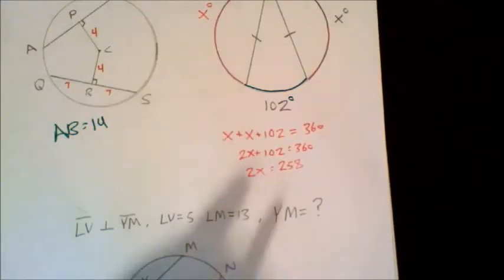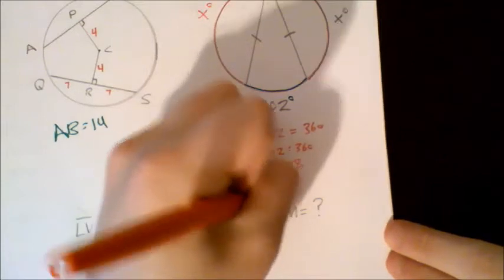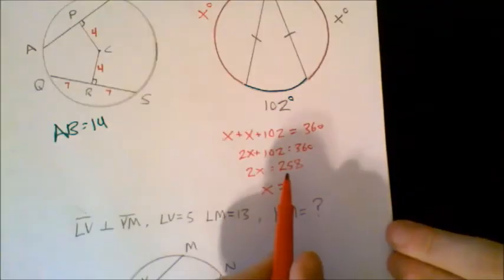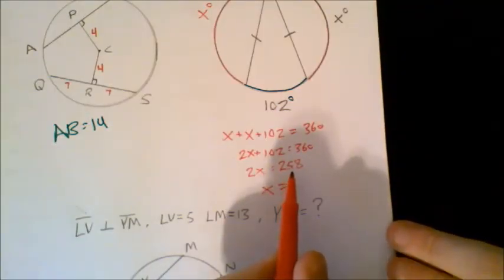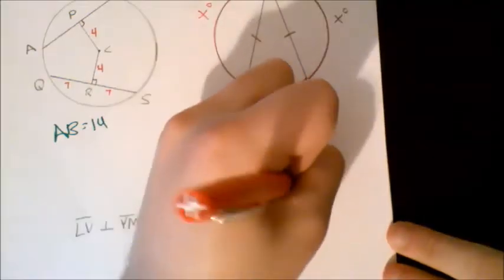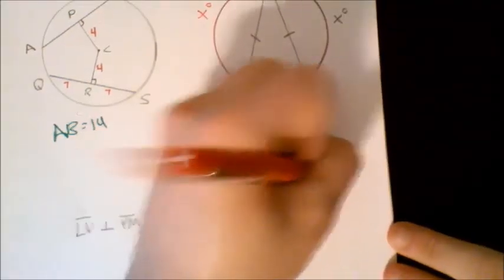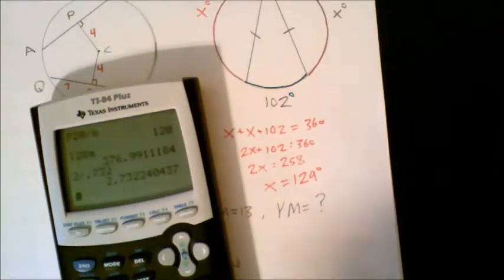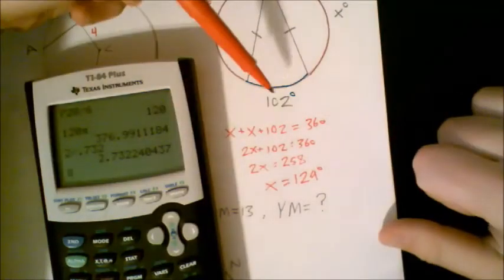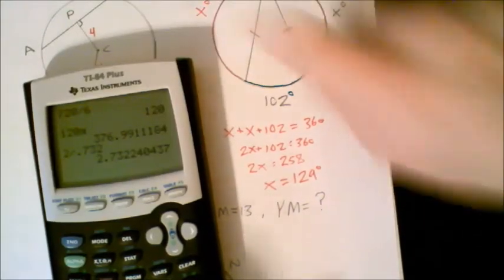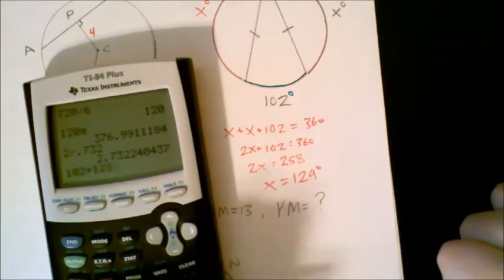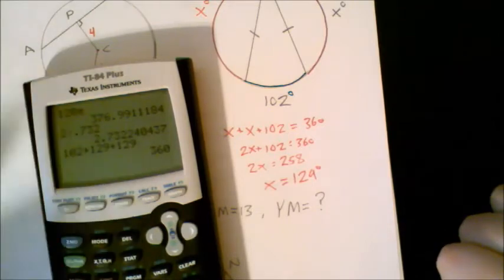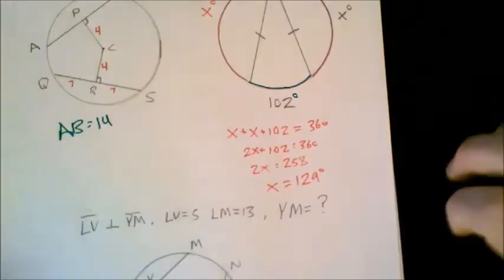And then we just cut that in half. So x equals 129 degrees. We can always check our work. If we add 102 plus 129 plus 129, that gives us 360 degrees. So that is correct.